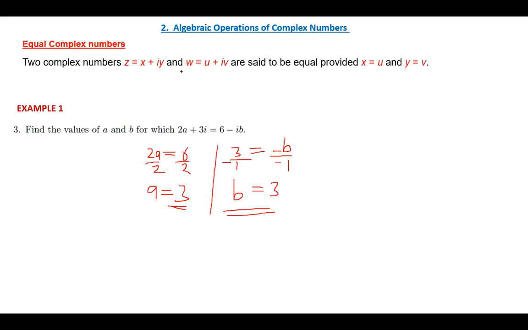For this question here, if you want to know whether these two complex numbers are equal, sometimes they can tell you in the question, but if they've not told you, look at the operation here. This equal sign simply shows you that these two complex numbers are equal. Hope you've gotten the concept there. Okay, you can proceed.